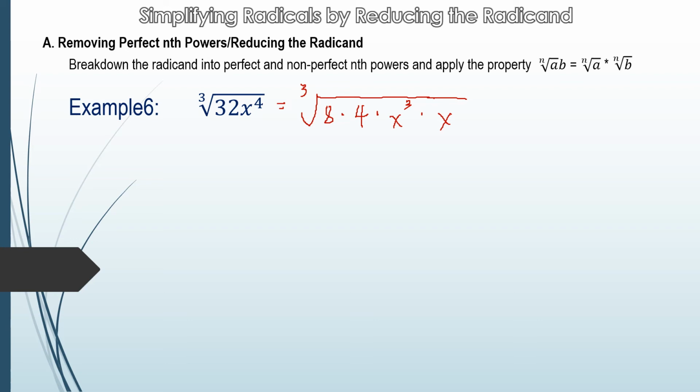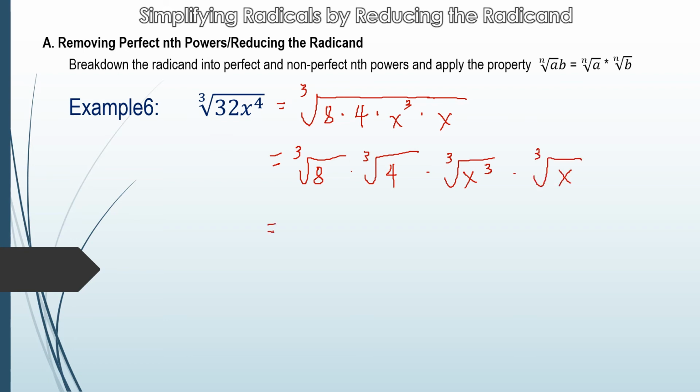And then we can extract the cube root of x cubed. Applying the law of radicals, this is the same as the cube root of 8 times the cube root of 4 times the cube root of x cubed times the cube root of x.